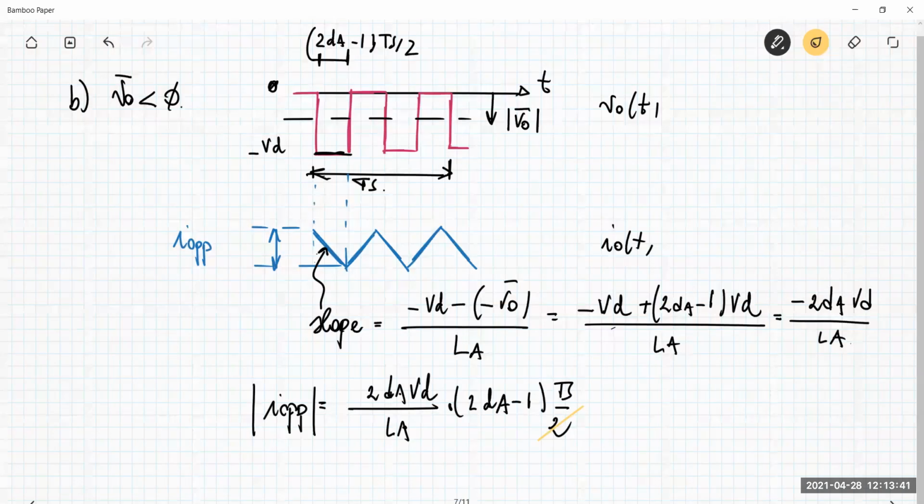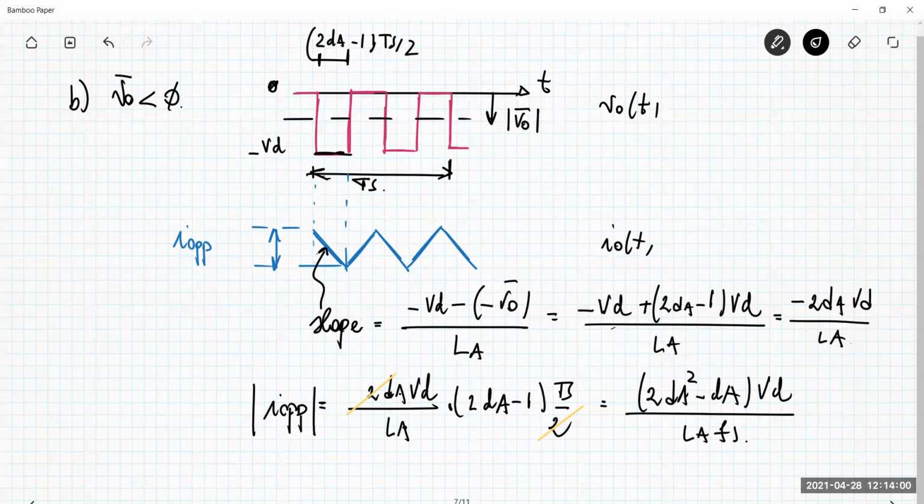The 2 and the 2 simplify each other, and then you have 2 times (dA square minus dA) Vd over LA Fs. Okay, this is the quantity you have to differentiate.